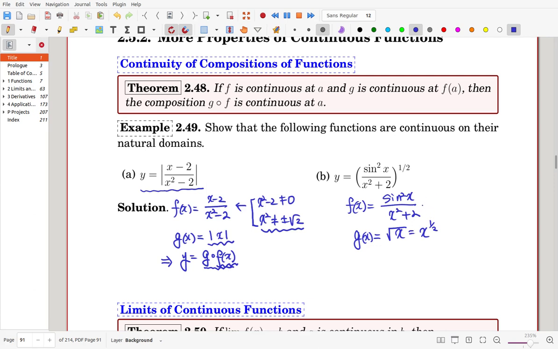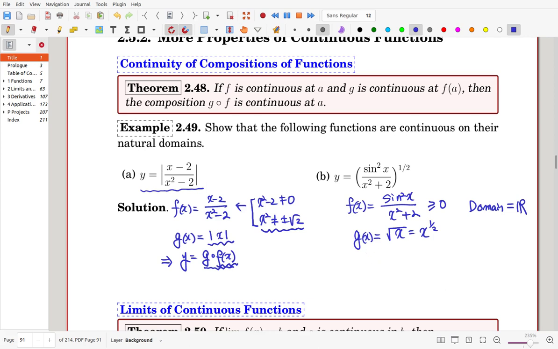Now this is non-negative, and this is always positive, so that it is larger than or equal to 0. And so the range of f is naturally within the domain of g of x. So here, this one is always continuous. The natural domain, the domain for f, is the whole real line.